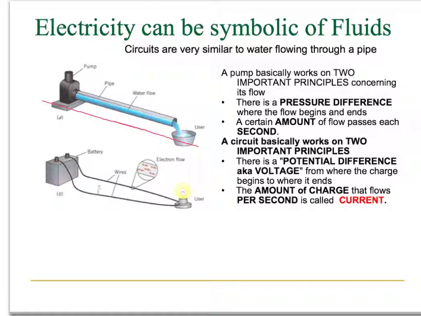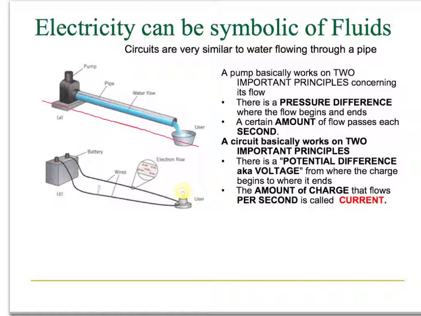This time, we need to create a difference in the pressure. So if we are to introduce a pump at this point, we will be introducing a pressure. So at this point here, the pressure is higher than the pressure on the other end.